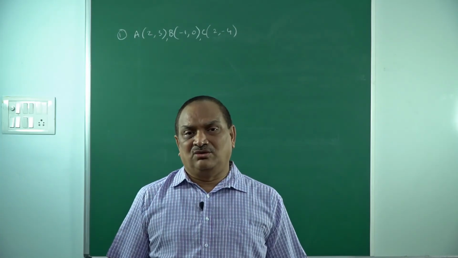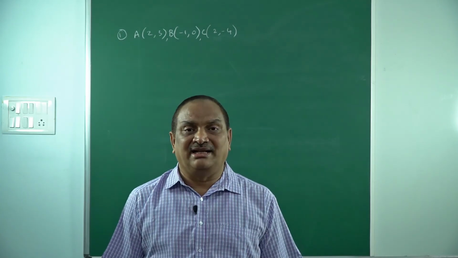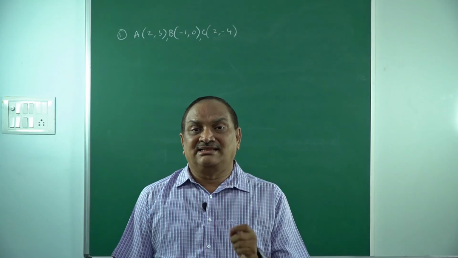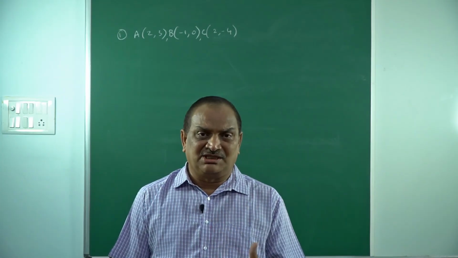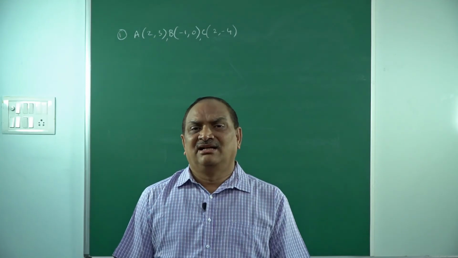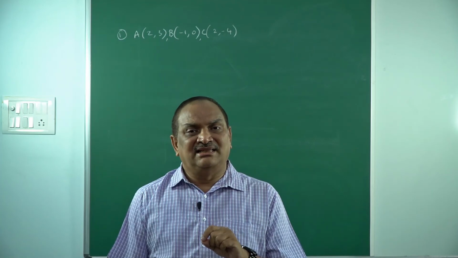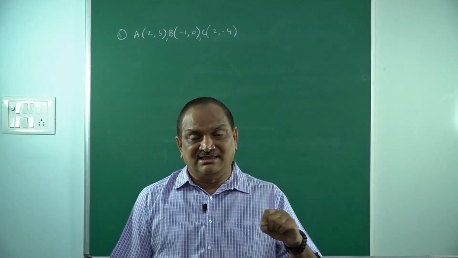When the area is 0, the points are collinear. They lie on the same line. There is no triangle formed actually. That's the only point you have to consider. In all other cases, you get some area which is positive. And by any chance, if your answer is 0, you should understand the vertices you have taken don't form a triangle, and the points are lying on the same line.